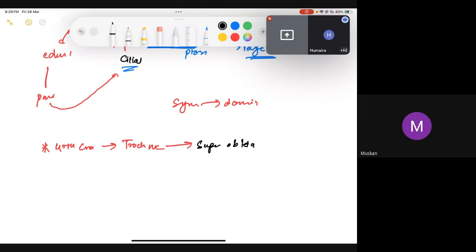Climbing down the stairs. While the eye is adducted, if someone is climbing down the stairs, the superior oblique is responsible for that.